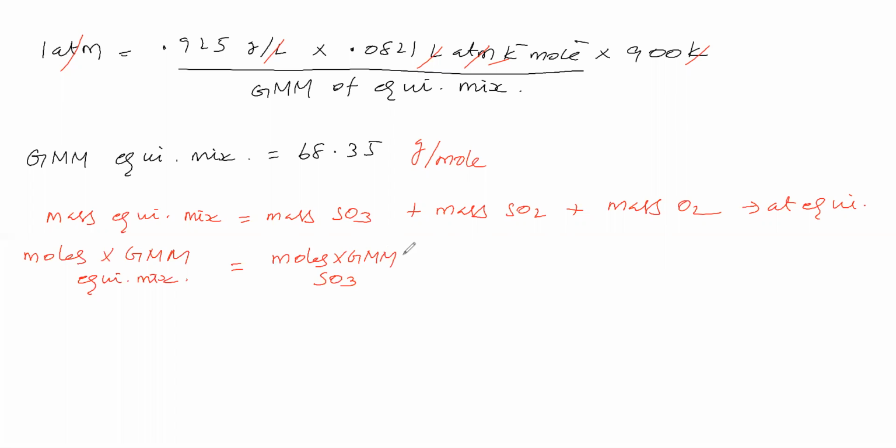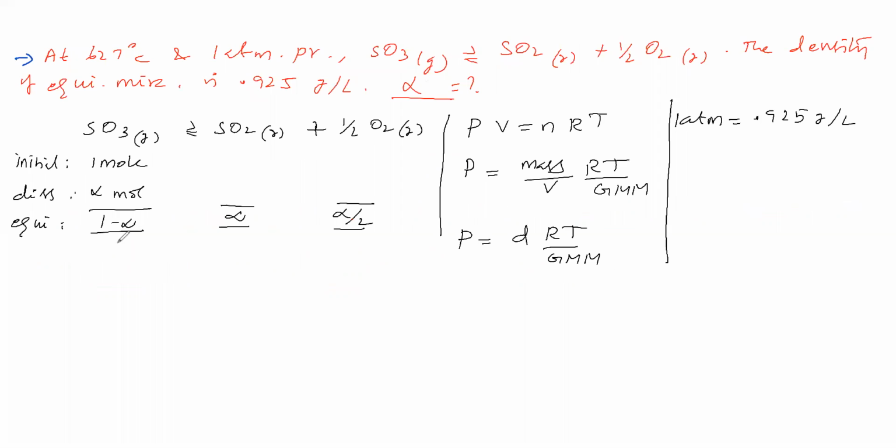Mass of SO2 is moles of SO2 into gram molecular mass of SO2. Mass of O2 is moles of O2 into gram molecular mass of O2. Everything at equilibrium. Now, moles of equilibrium mixture, we will see how much.